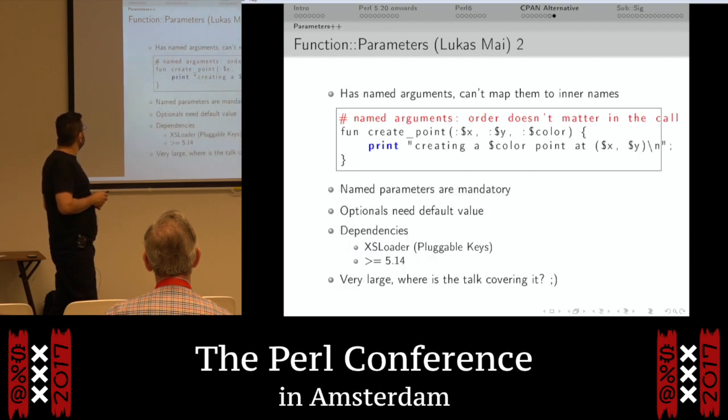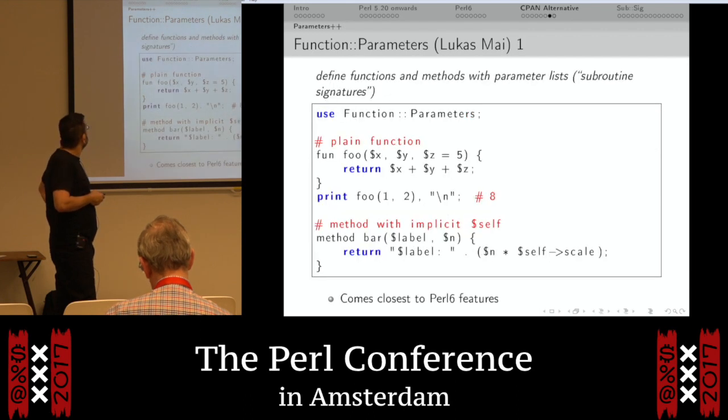And it has a dependency on pluggable keys. Pluggable keys was introduced with 5.12, but he told me he needs at least 5.14 because some features were added later. And you see you can have positional parameters, you can have default values, you can have methods, which means self is automatically mapped.